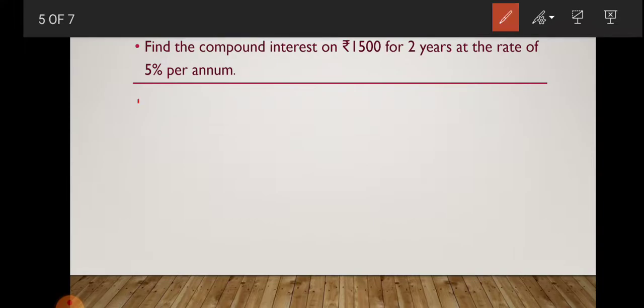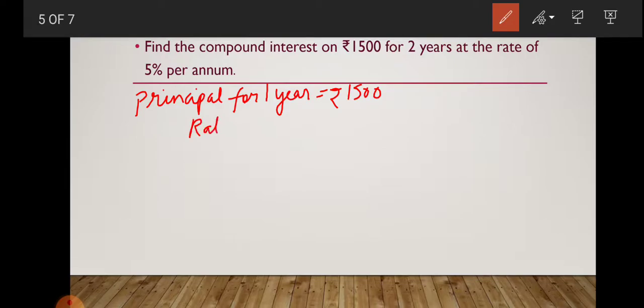Here principal for first year is equal to rupees 1500. Rate is equal to 5%. Time is equal to 1 year. First we find the interest for 1 year.